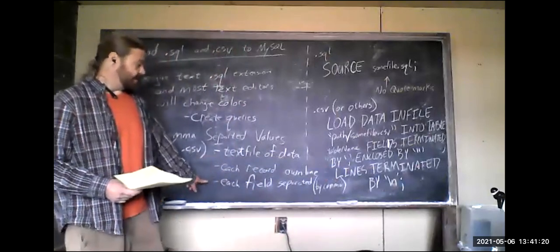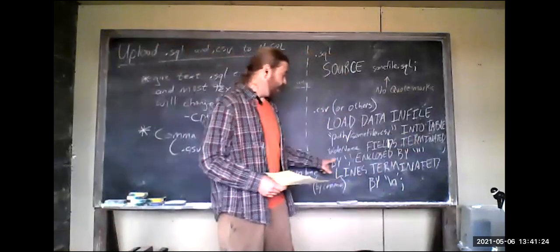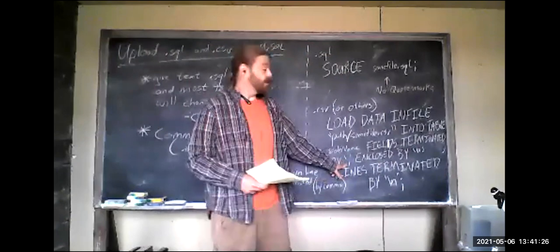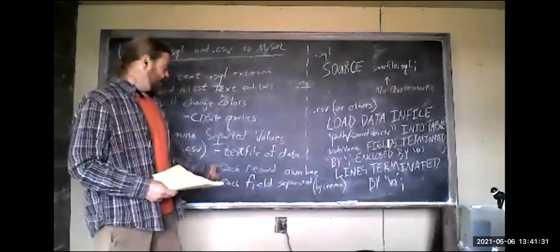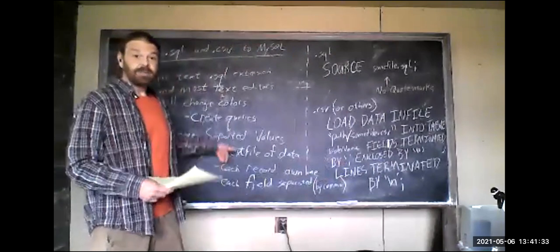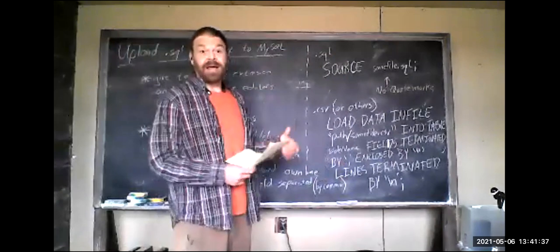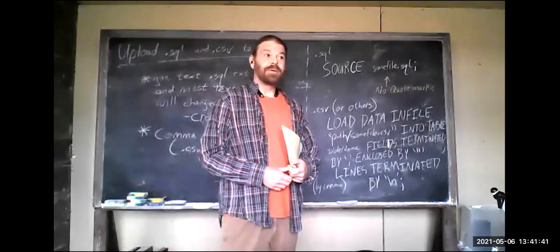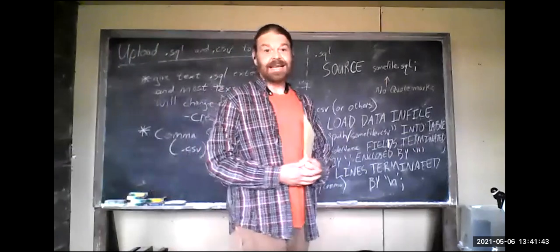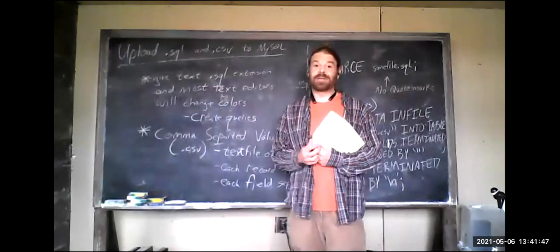The fields are separated by commas, so we say fields terminated by a comma and give it that symbol. And then it's a text file, which means it's all coming in as strings, which isn't a problem if we have, say, names and towns. But you all have seen my generic class example a couple times now. I always do name, age, and town. That middle one is an integer.